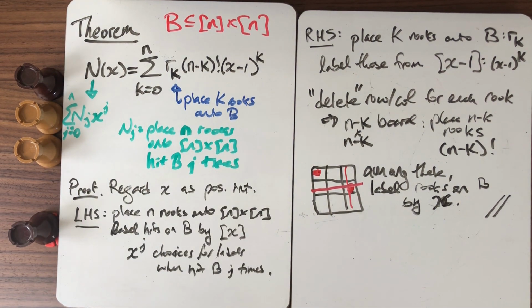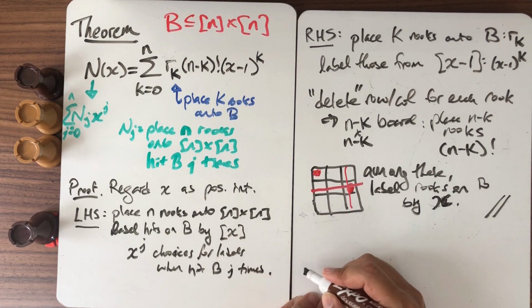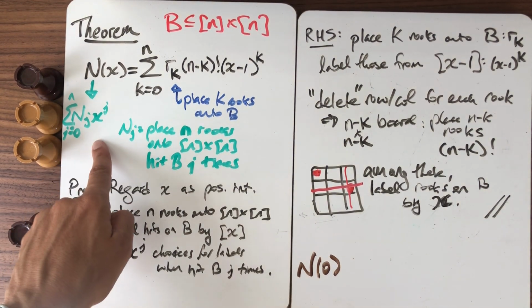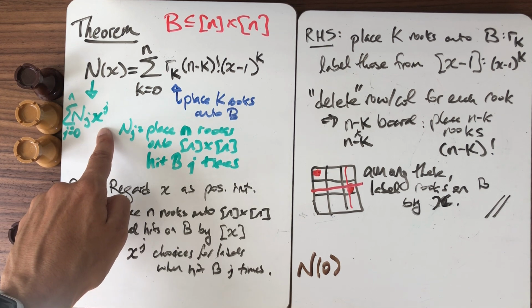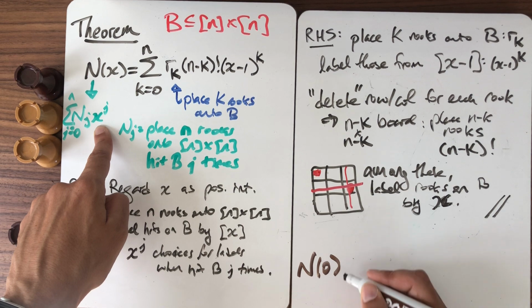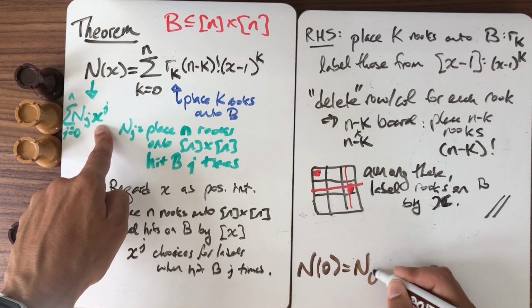And again, specializing, the really interesting thing that we can do here is if we specialize at x equals 0. So what is N of 0? Well, in this paradigm, I'm setting x to 0, so everything dies except for the constant term here. So this is going to equal N sub 0.